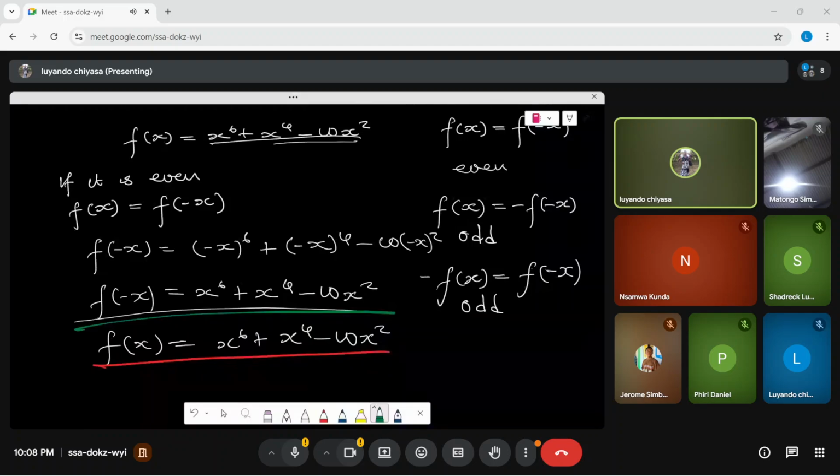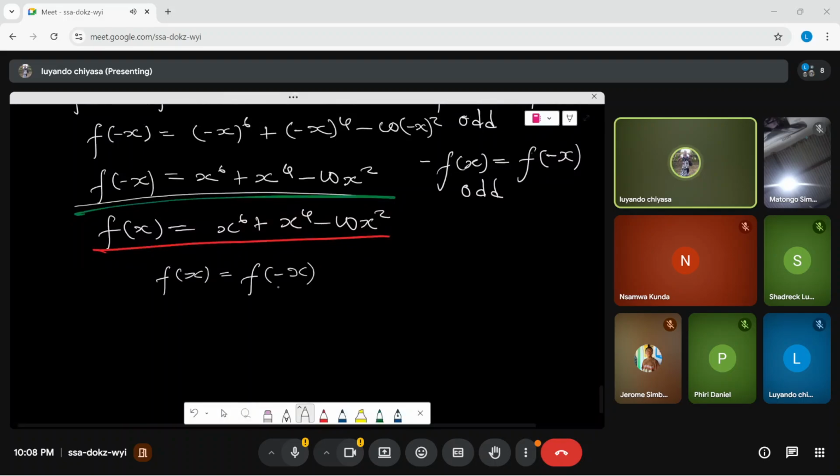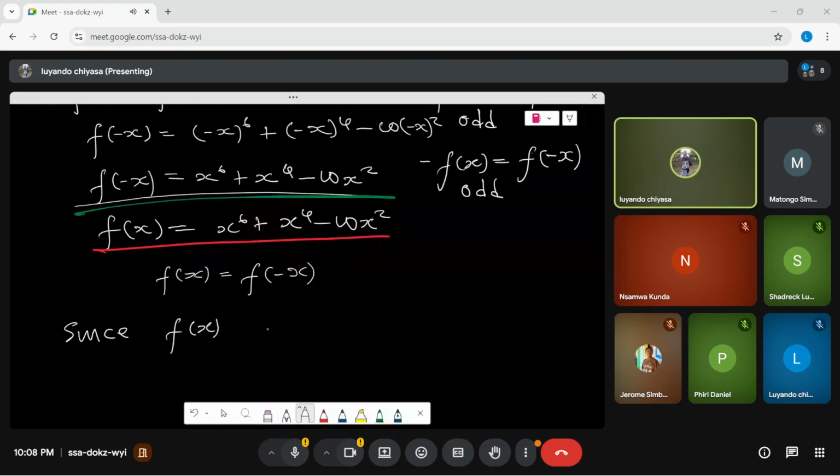So f of x is equal to f of negative x. Then your concluding statement should be that since f of x is equal to f of negative x, the function is even, right?